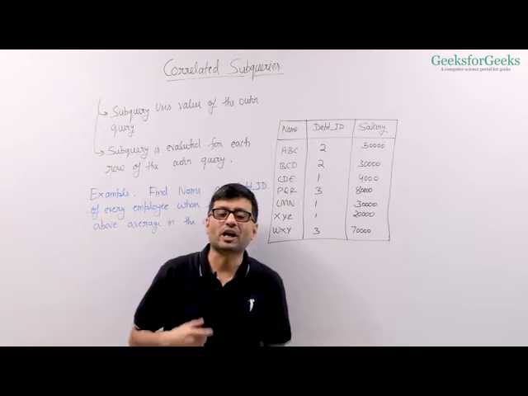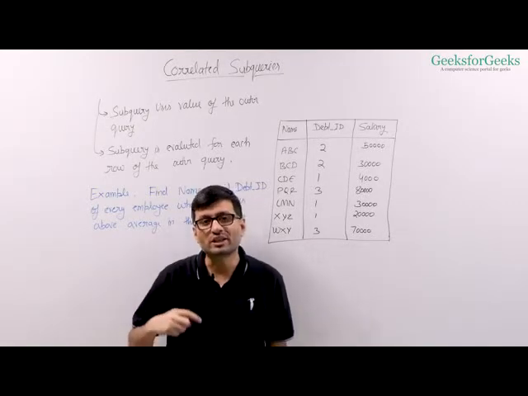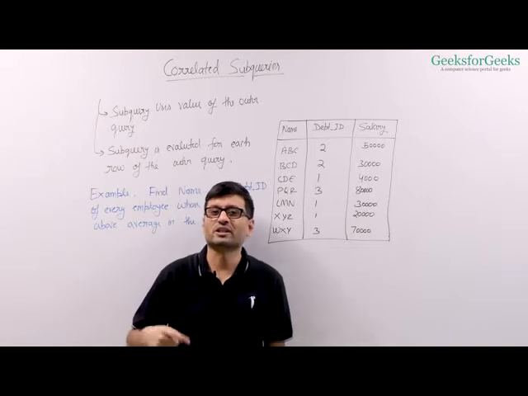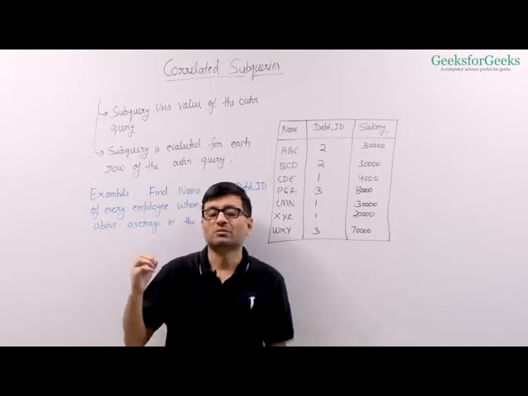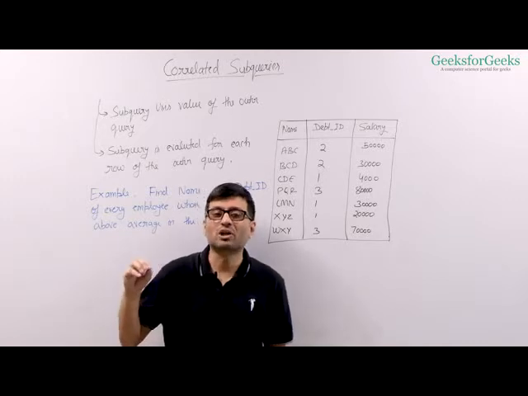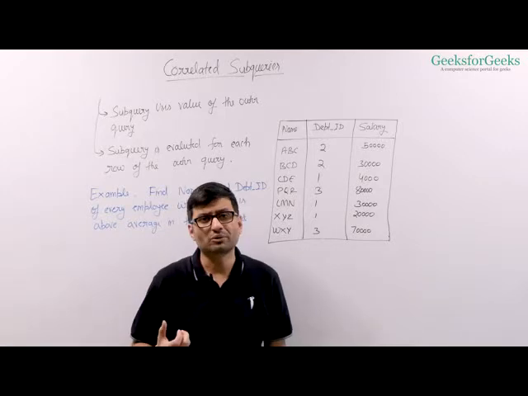So the execution happens this way in the correlated subqueries. Your outer query, every row is considered one by one, and for every row, for that particular value of that row, your inner query is executed or evaluated.